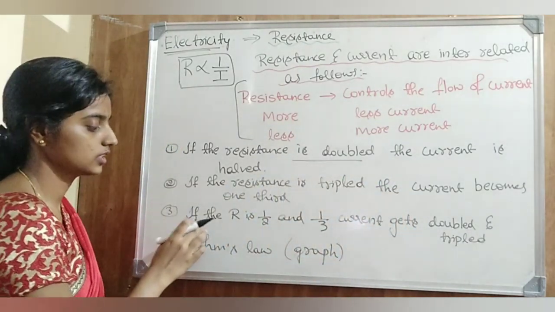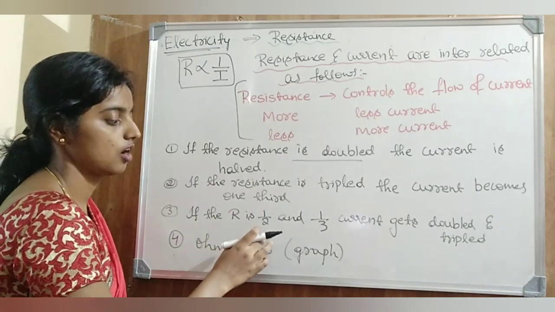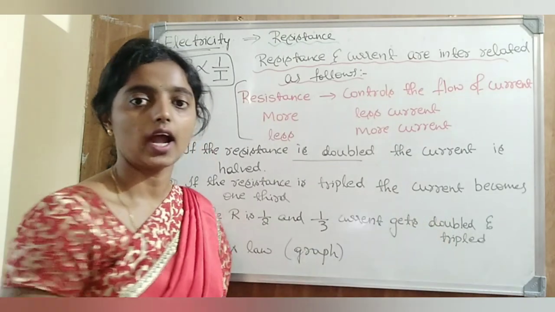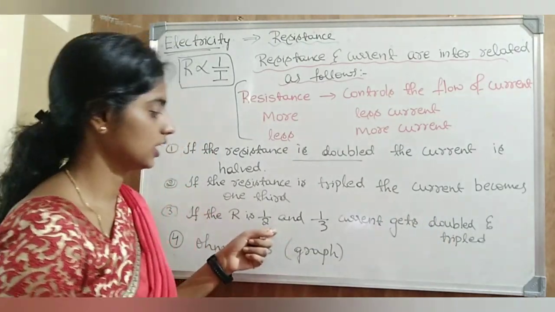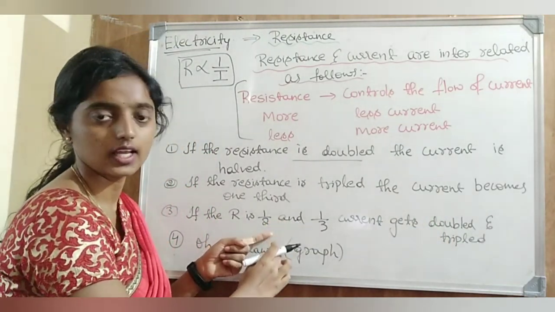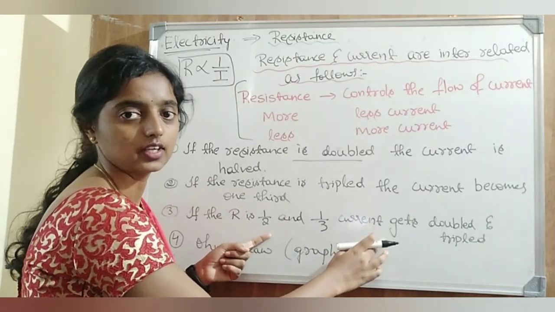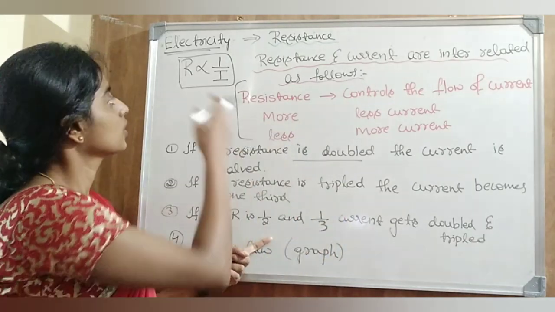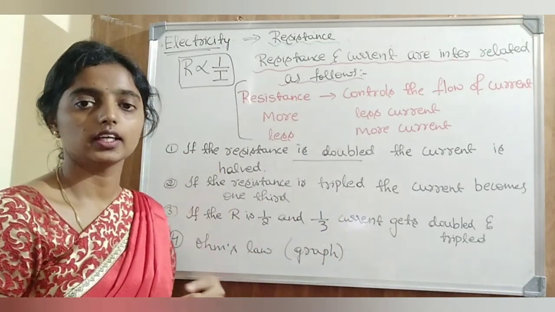And the third point is, if the resistance is halved or reduced to 1/3, then current gets doubled or tripled. That means here the resistance is getting less and current is increasing. These are the points showing how current and resistance are interrelated.